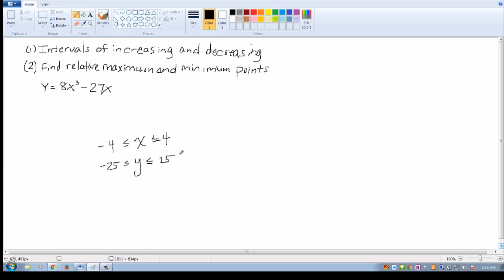That would give you a good window on your calculator. There is a function on your calculator that will help you get the max and the min values, and we'll talk about that in just a moment.